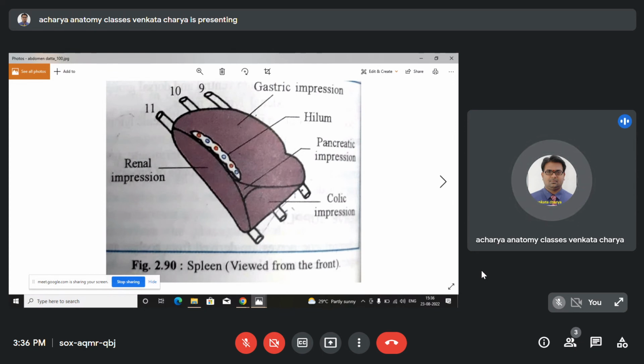They finally drain into the portal vein. Splenic veins drain into the portal vein.